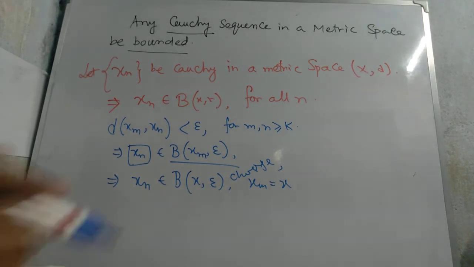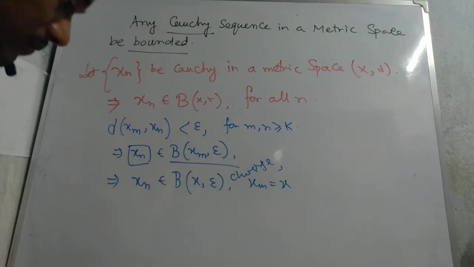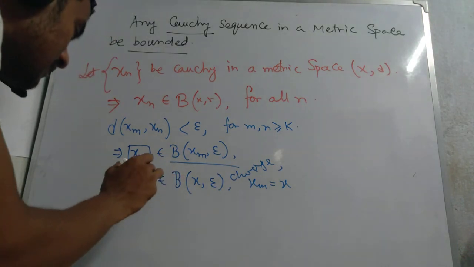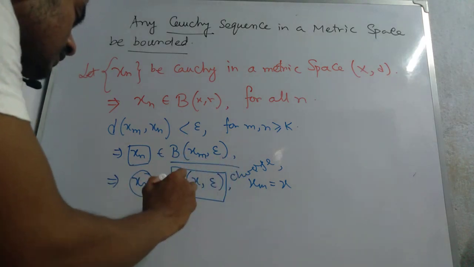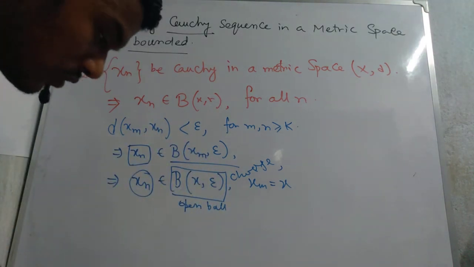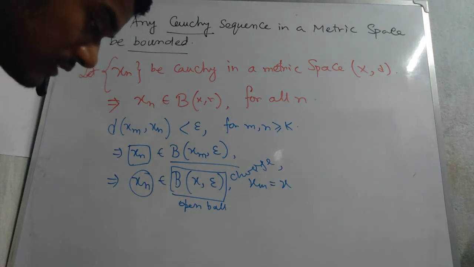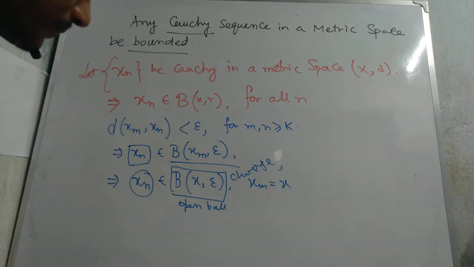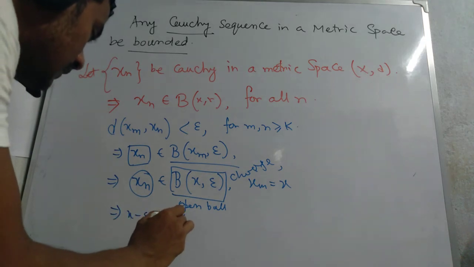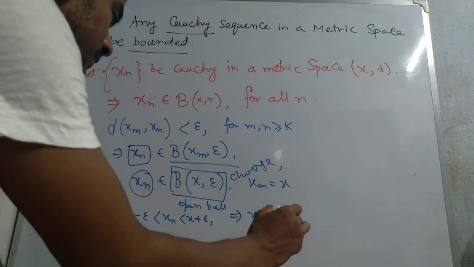Then x_n lies in an open ball, that means x_n lies in B(x, epsilon), this one open ball. So we show that this x_n is bounded. This implies that x minus epsilon is less than x plus epsilon. This implies x_n is bounded.